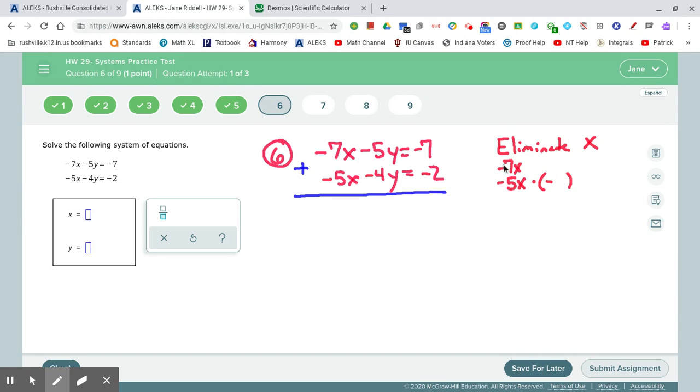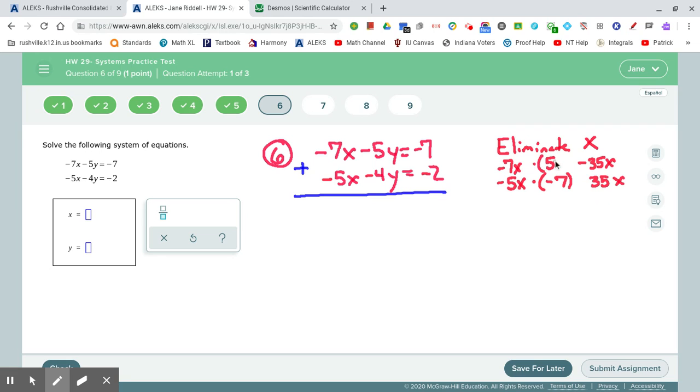So how I'm going to transform this into a negative 35x is just to multiply by positive 5. This one, I need to be a positive 35x because negative 35 plus 35 cancels, that eliminates. So negative 5 times negative 7 is what gives me positive 35.